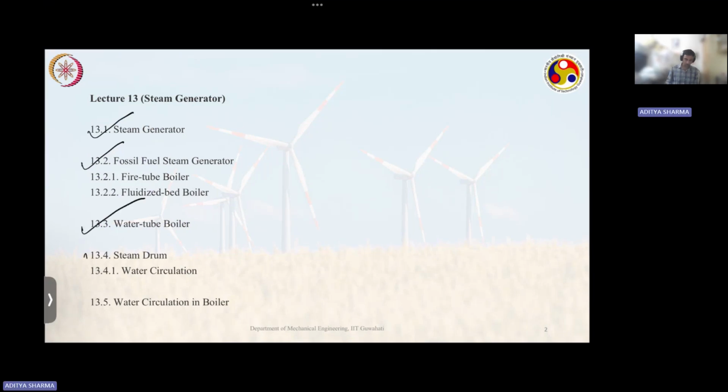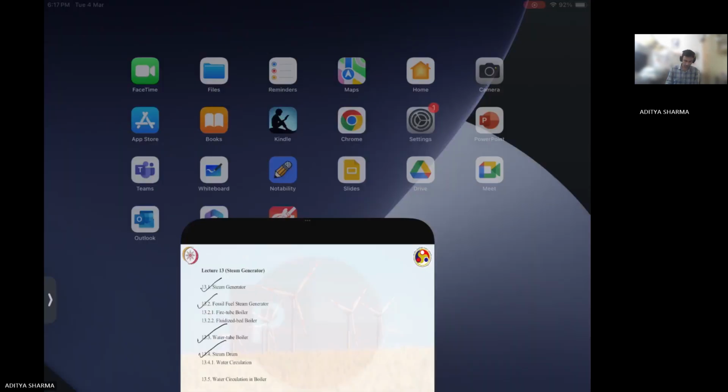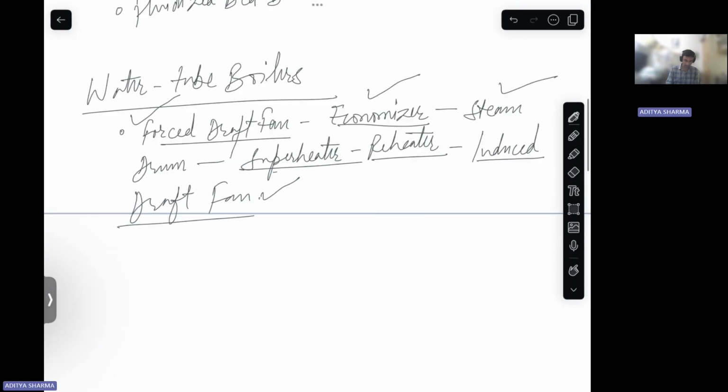So steam drum has been discussed, right? So your induced draft fan also can handle the hot air, right? While your forced draft fan can only handle cold air. Okay.